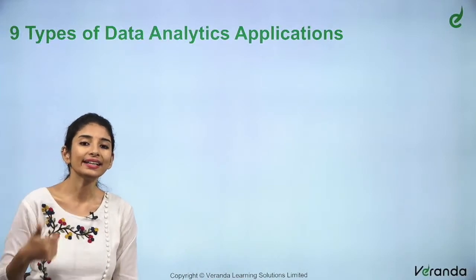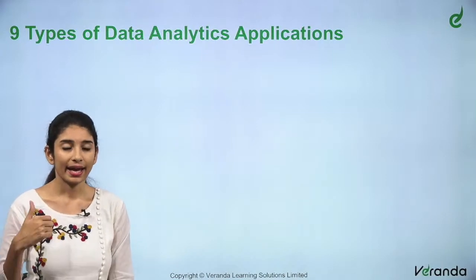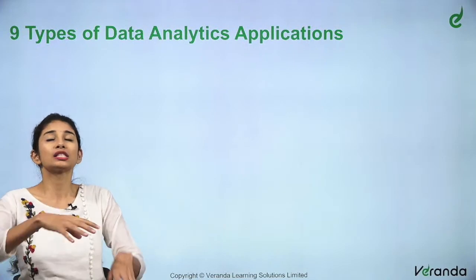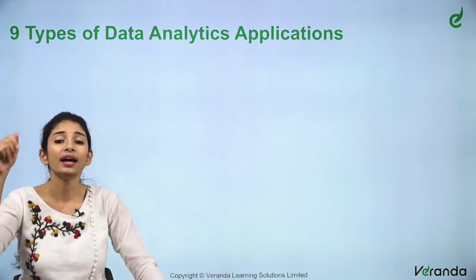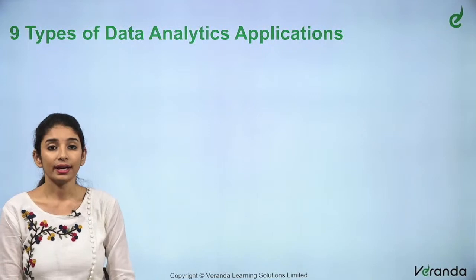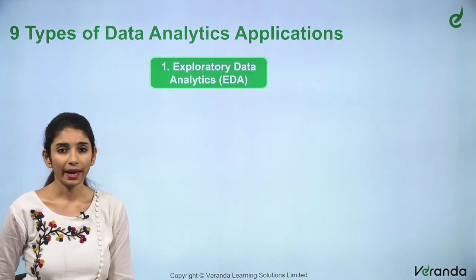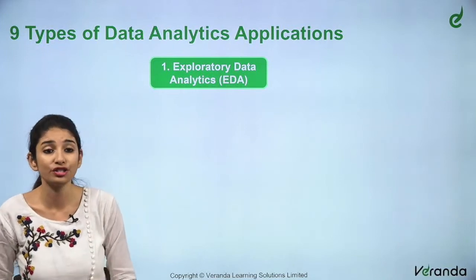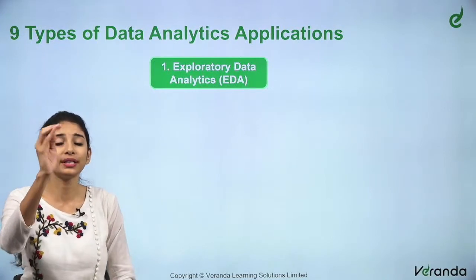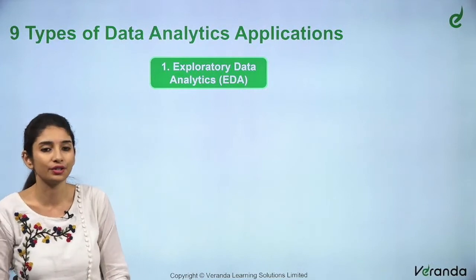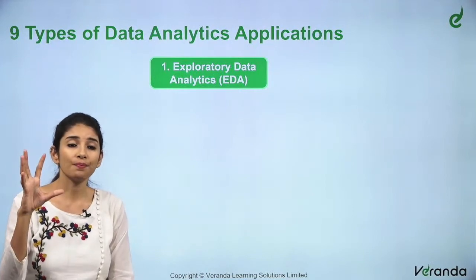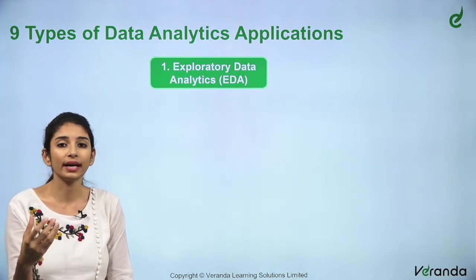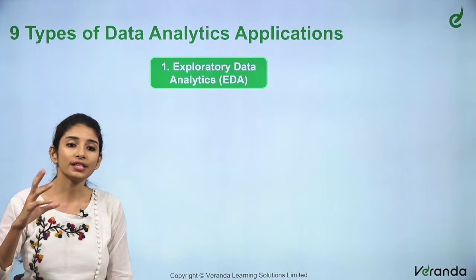So, first is EDA and CDA, Exploratory Data Analytics and Confirmatory Data Analytics. As the name suggests, exploratory data analysis explores through the data to find some hidden relationships and trends. For example, in the region of North India, they have been buying more of this brand.